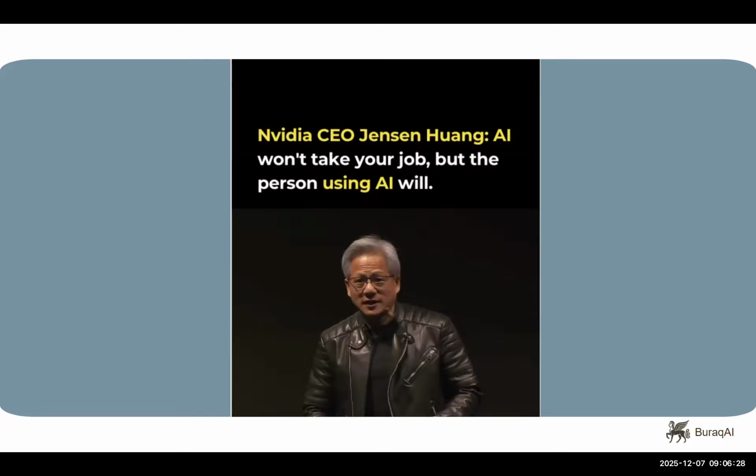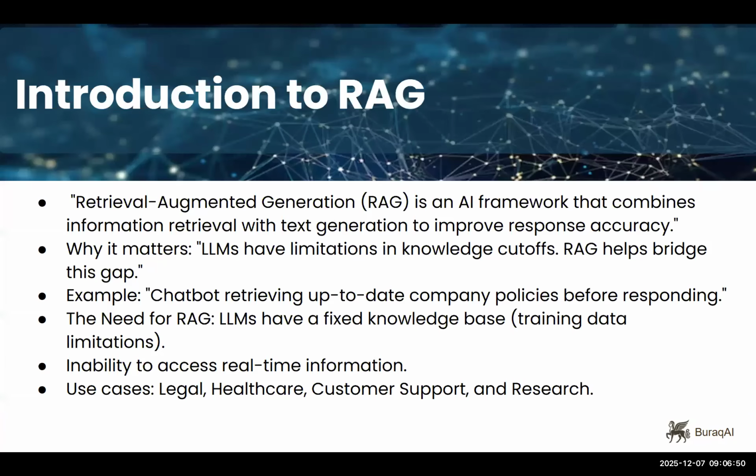Basically, these are your chatbots or RAG applications, which means not public, but internal, say customer service or internal employees asking questions. Every company is doing their own chatbots. All of that is your RAG applications. So what does RAG mean? I said retrieval augmented generation. It's an AI framework that combines information retrieval with text generation.